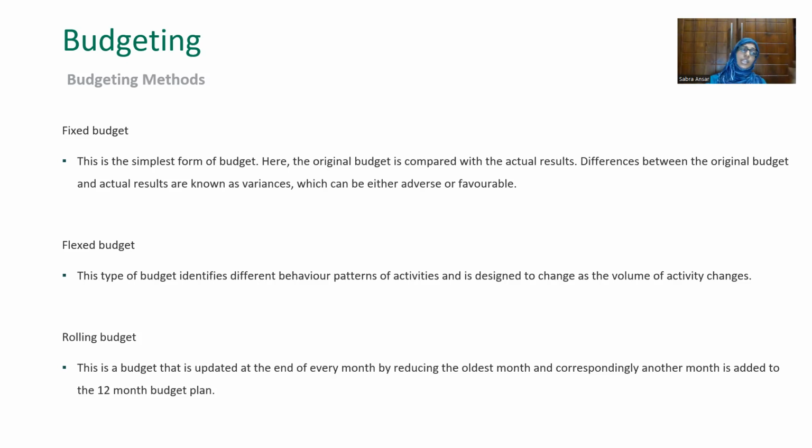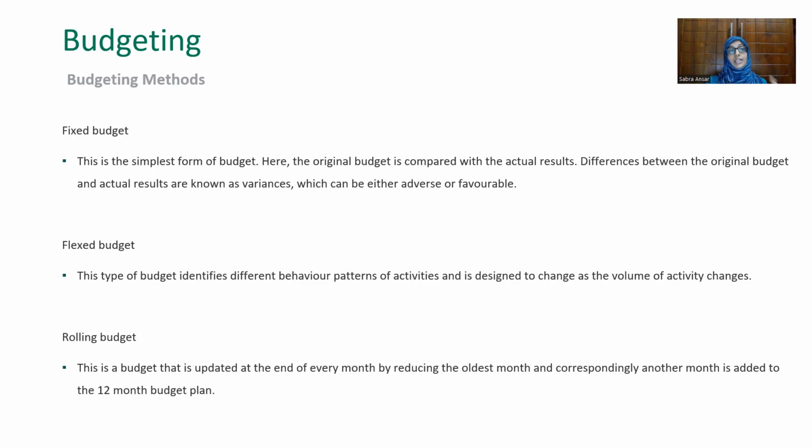The good thing about this rolling budget is that the organization doesn't wait 3 months, 6 months, or 1 year to identify changes or variances in the budgeted resources; this is identified each month.